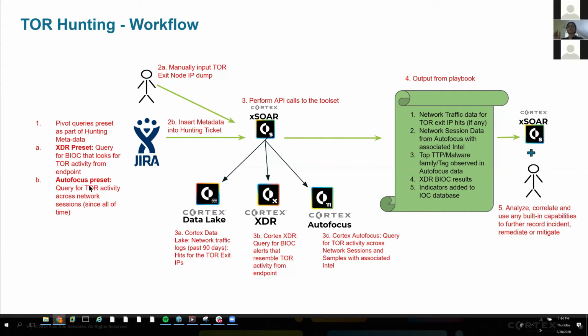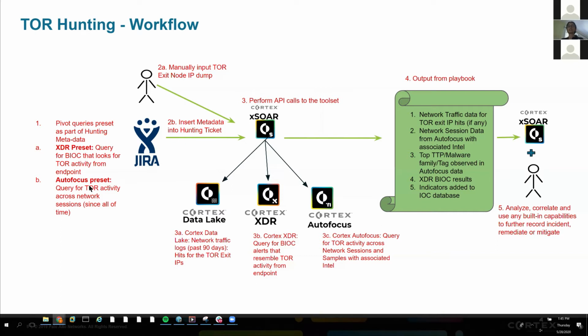That is the preset for XDR, to look for any sort of outgoing .onion activity from the endpoint. The next is the AutoFocus preset, where we look for the same kind of activity but across the network sessions, and possibly also try to see in the AutoFocus dump any machines that did not appear on XDR.